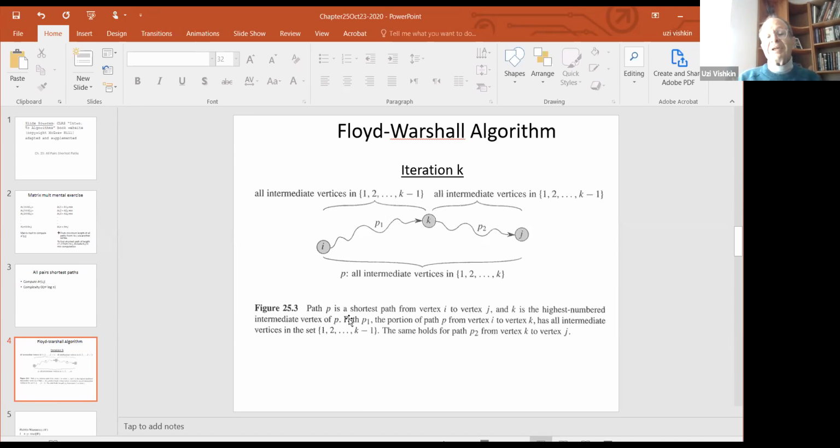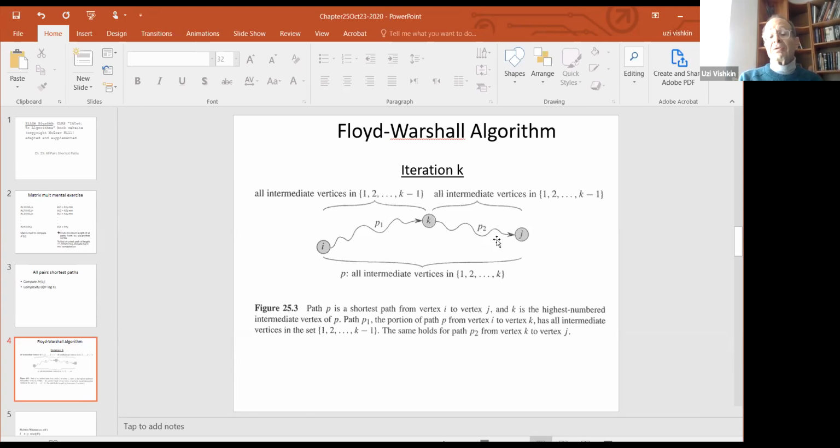So what is the basic idea? The basic idea is that to do that, I need to compute all the distances from i to j, either directly, where I don't make a stop at k, or by going from i to k, where I may use some of the vertices 1 up to k minus 1, which I already computed.